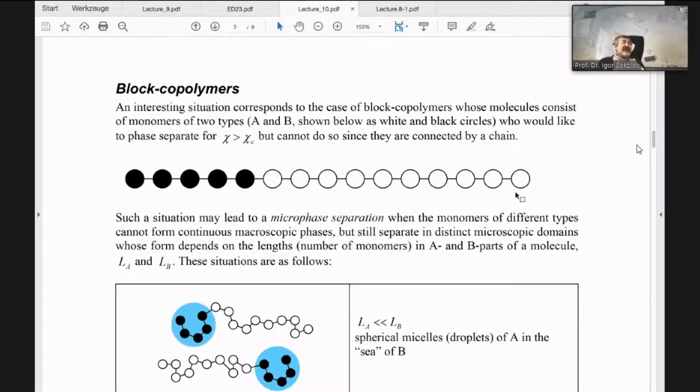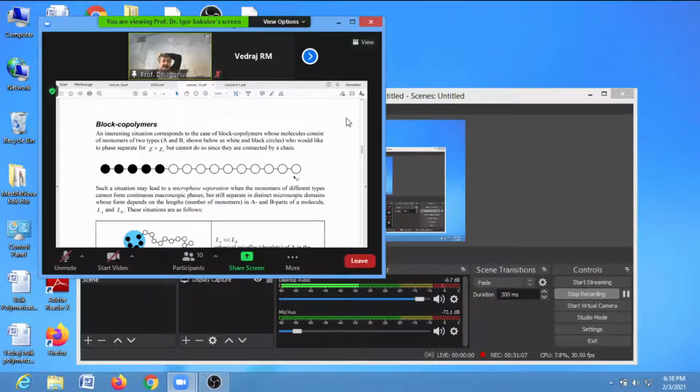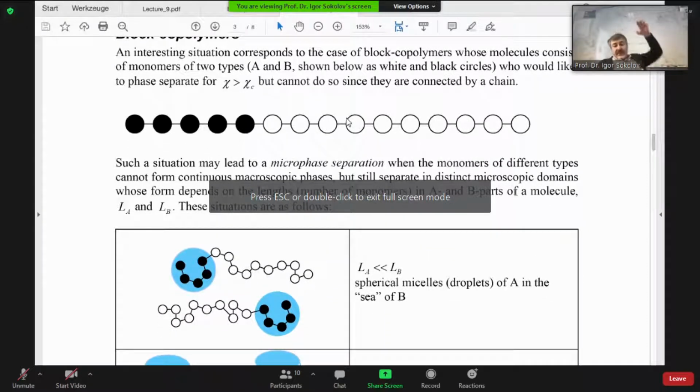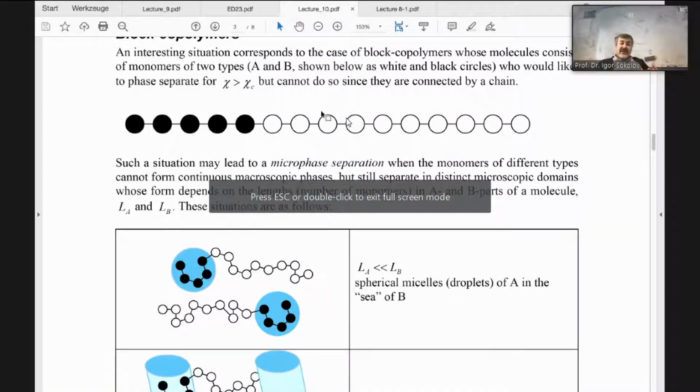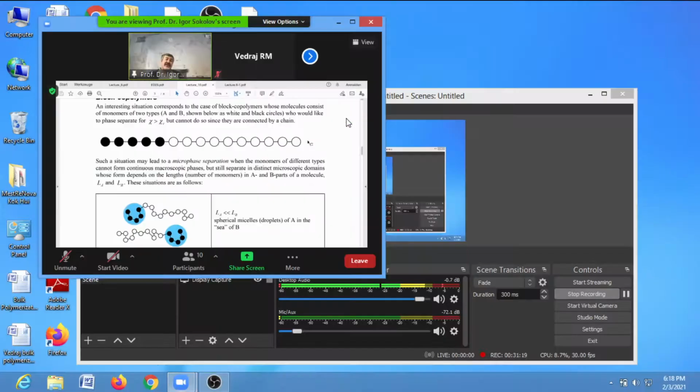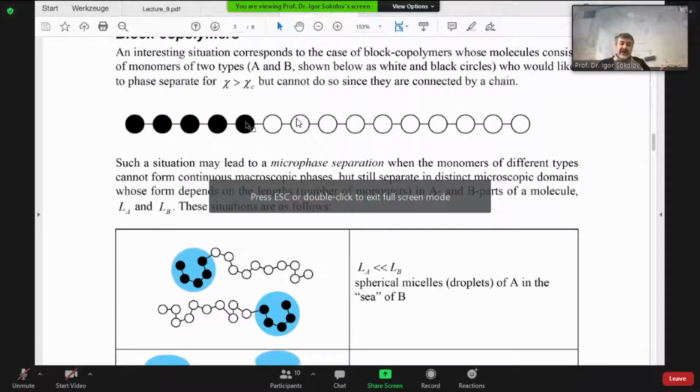So essentially, you cannot build two thermodynamical phases, but you can build a structure within a single phase. So what you get here depends on the relative size of the components. So now, in the demixed situation, A's would like to be together and B's would like to be together.